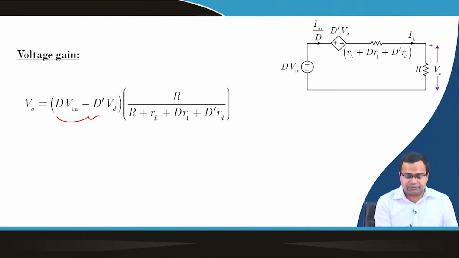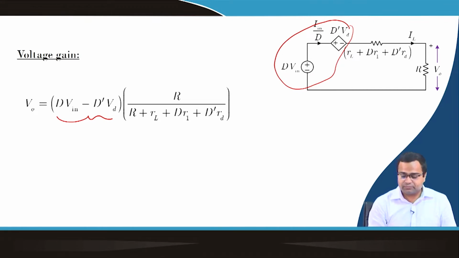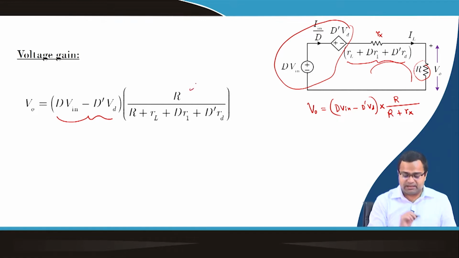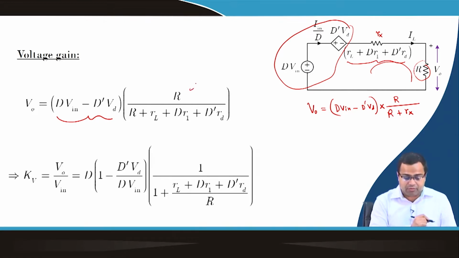This is the term I told you, the subtraction of D into V in, which consists of these two terms, the effective term, and then this is Rx, and the voltage here will be R divided by the total resistance R plus Rx. That means our V0 will be D into V in minus D dash into Vd, multiplied by the resistive divider R over R plus Rx.